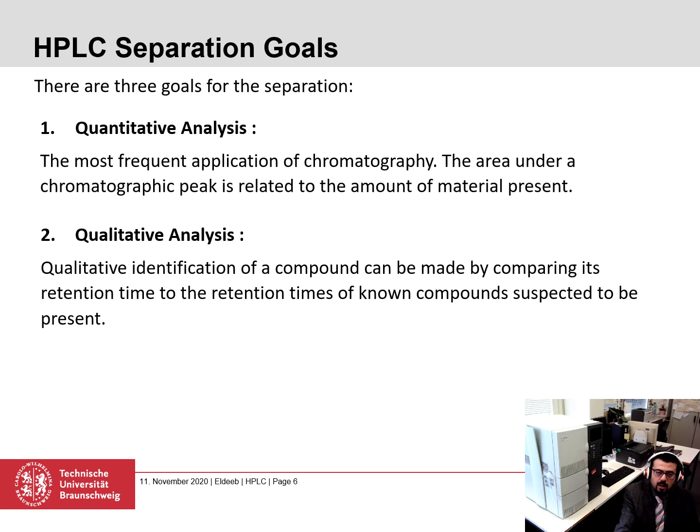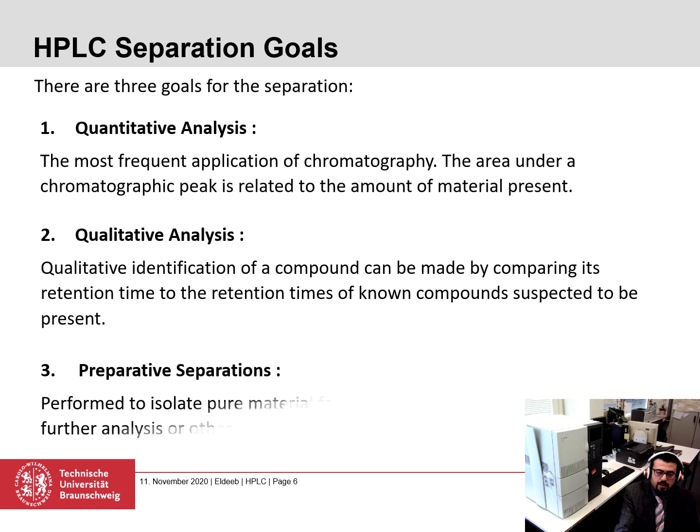Both 1 and 2 are referred to as analytical chromatography, and goal number 3 is preparative separation, which is usually done on a larger scale using larger columns to separate components for further use or to purify a substance.